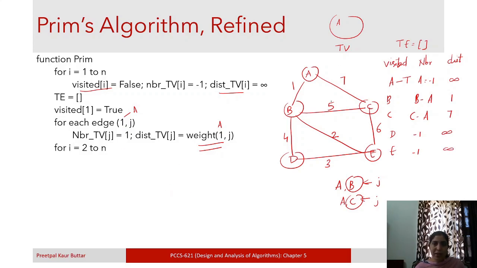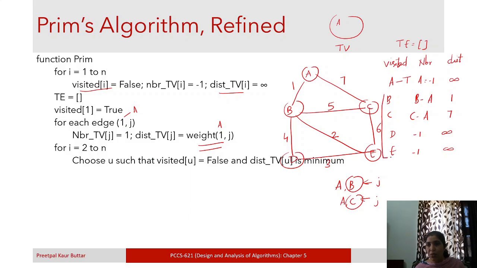So this is the initialization, and next we will do a loop for all other edges starting from 2 to the last edge, 2 to n. Now we will choose u such that visited of u must be false. So all these u's, they have their visited false, and distance of u from TV is minimum.